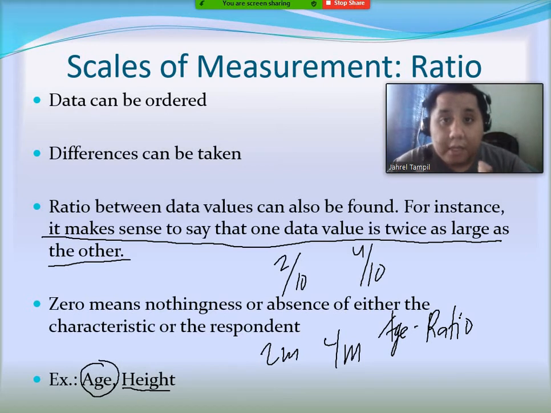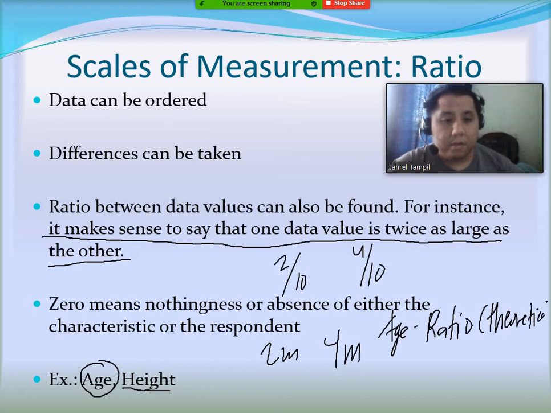If we're talking about age in the theoretical definition, then we're talking about age as ratio data. However, if we're talking about age as something cultural, then age is considered interval data.